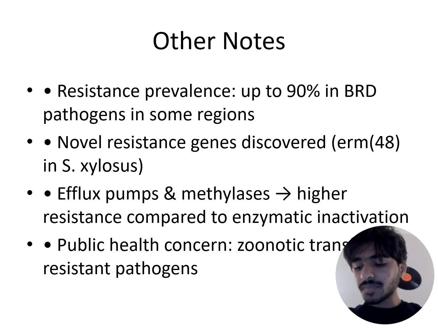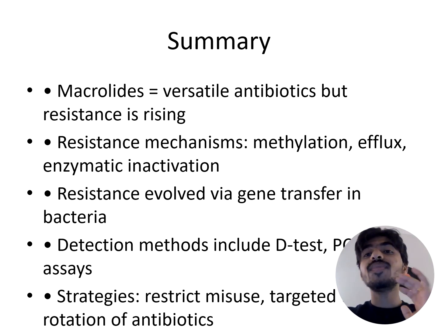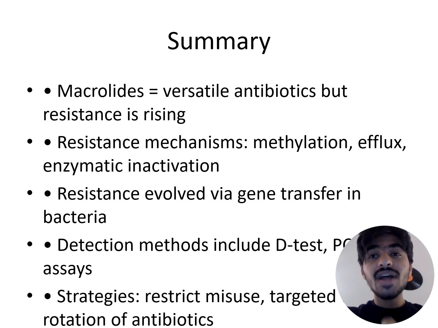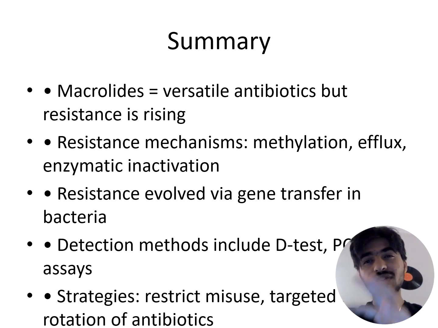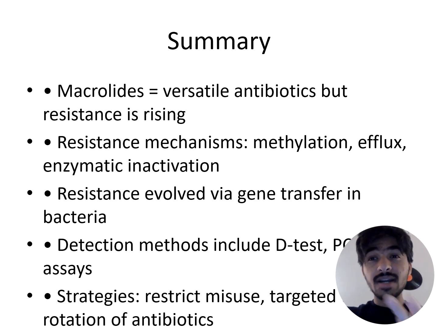Coming up to the summary. Macrolides are powerful antibiotics, but resistance is rising rapidly. The main mechanisms are target methylation, efflux pumps, and enzymatic inactivation. Resistance evolves through gene transfer, as I told you, horizontal gene transfer, often spread by plasmids and transposons.